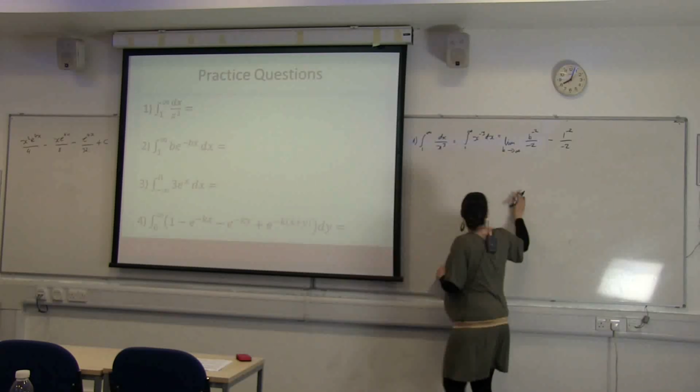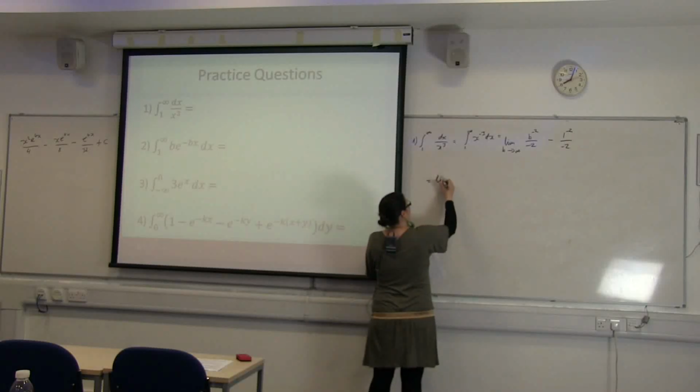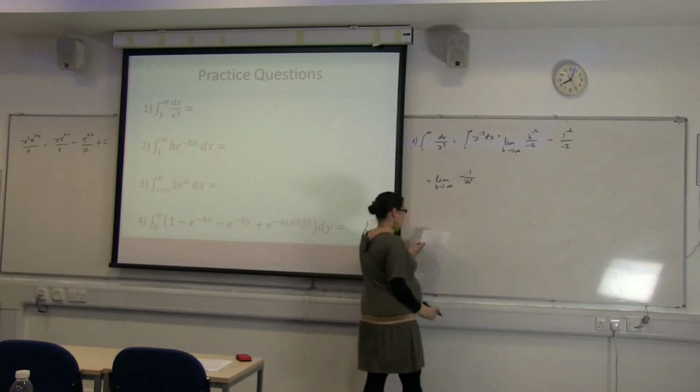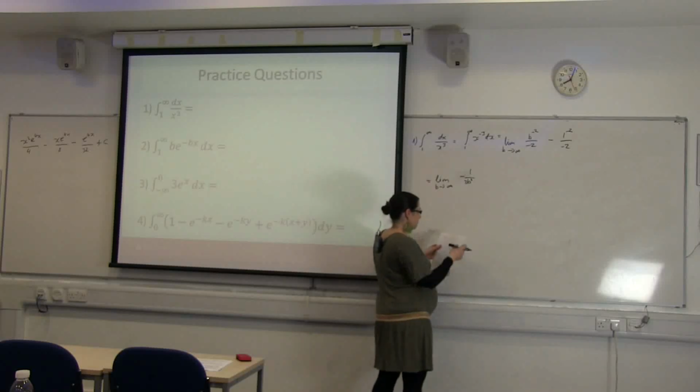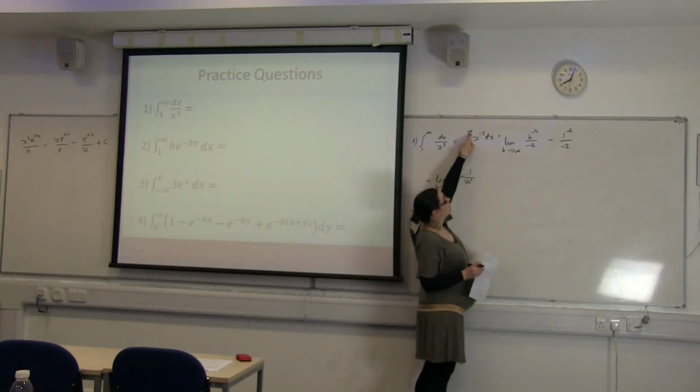So let's rewrite this in a form that is a little bit more sensible. So that is minus 1 over 2b squared. And why do you put b there? Because that was the top limit.